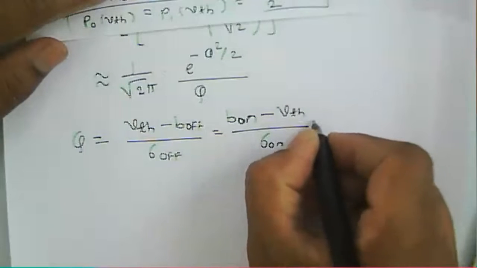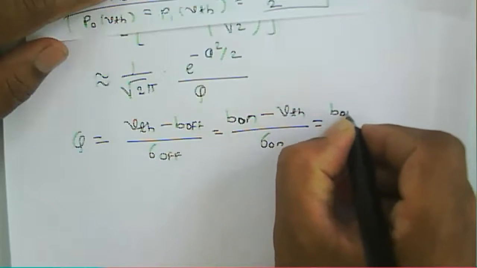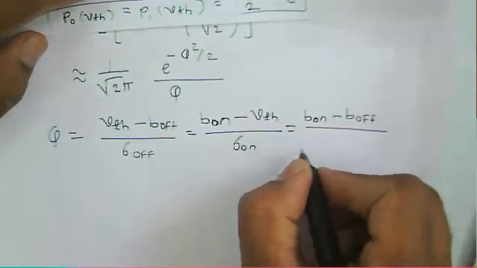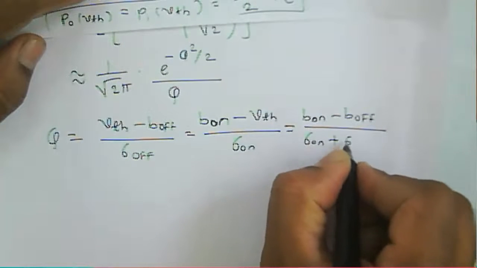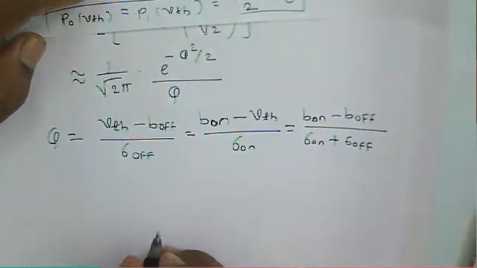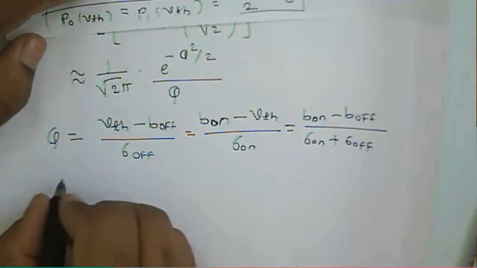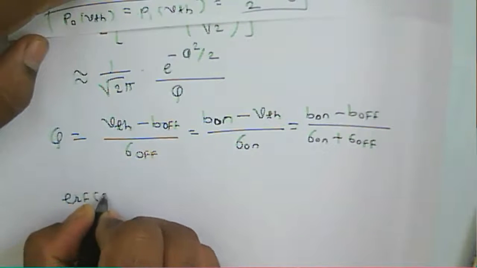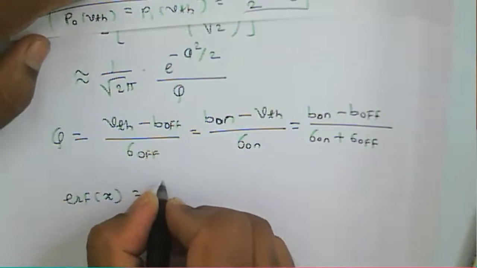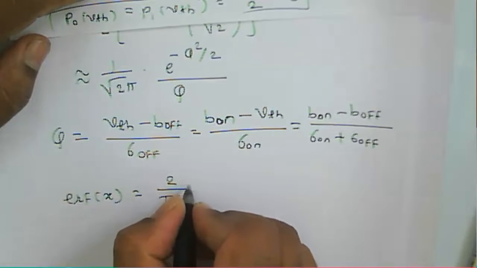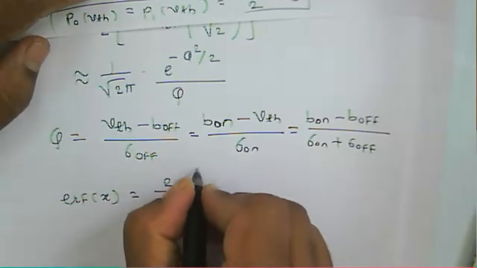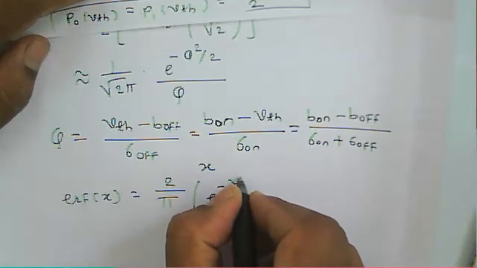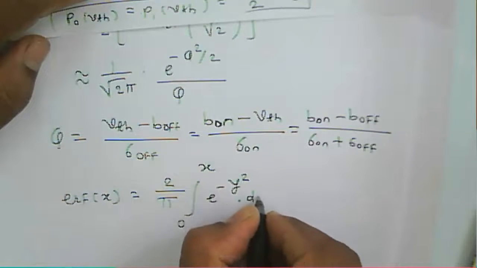That is Q equal to V on minus V off divided by sigma on plus sigma off. And the error function ERF of x is equal to 2 by root pi times the integral from 0 to x of e raised to minus y square dy.